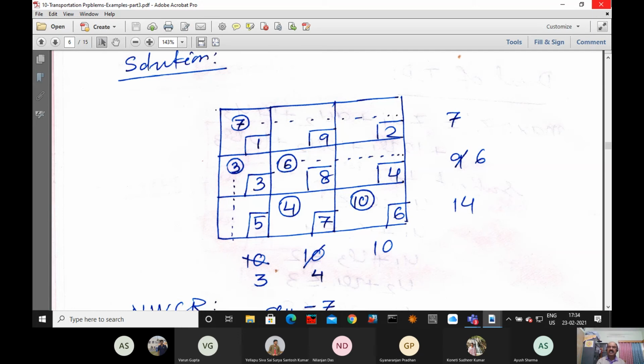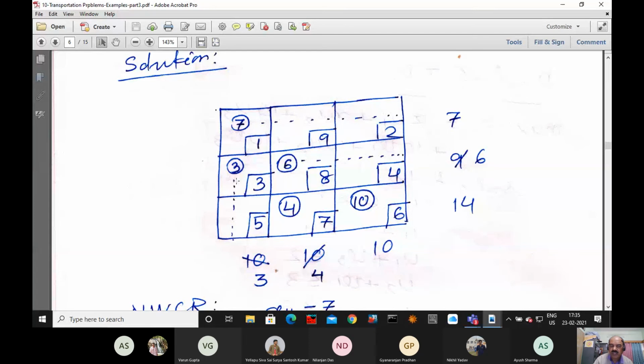How many allocated cells are available here? You can see in the first row 1, in the second row 2, in the third row 2. So 2 plus 2 plus 1, how many? 5. 5 cells we have allocated, so their values are written. This indicates x11 equal to 7, x12 equal to 0, x13 equal to 0.